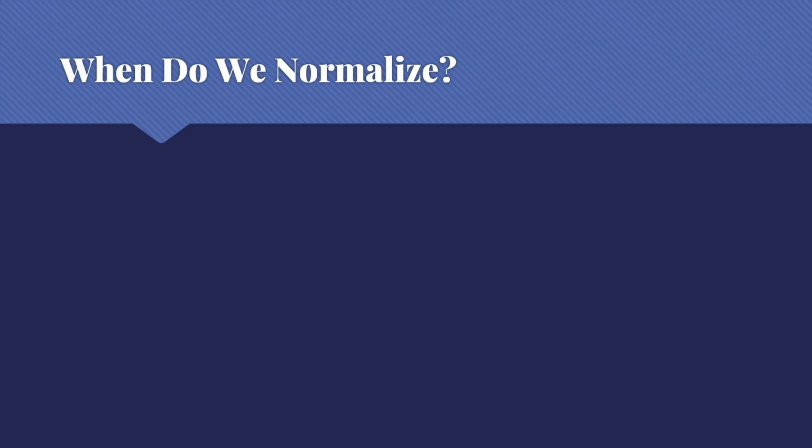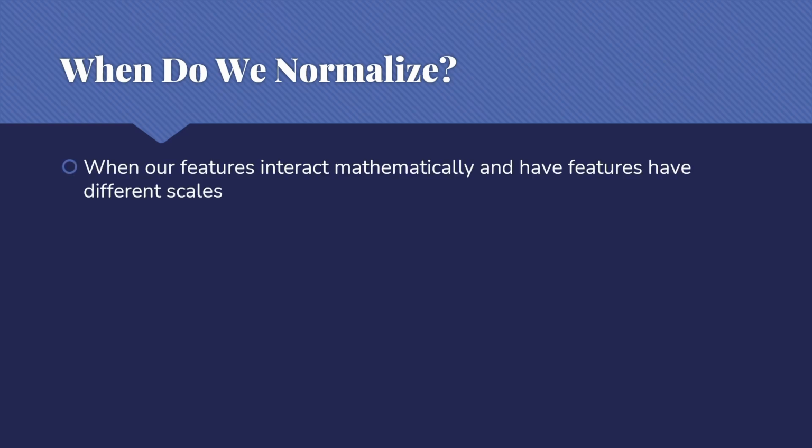When do we normalize? When do we need to scale our features? The biggest thing is if our features are interacting mathematically, and I have features that have very different scales, or even just different scales. We want everything to be in the same basic scale. Neural networks, heavily mathematically interacting between features, we saw how dramatically our results on that data set improved when we scaled the data.